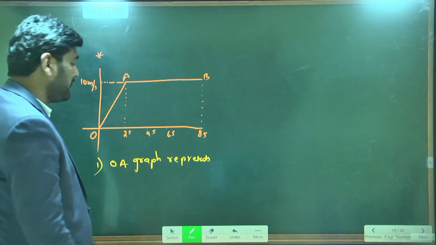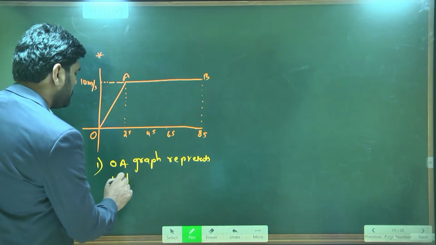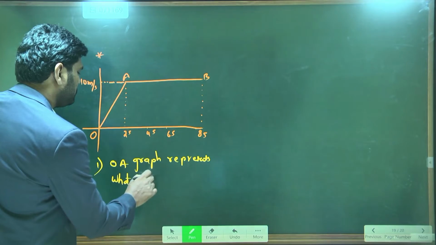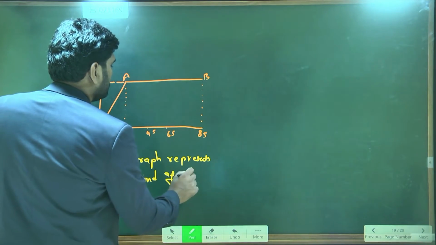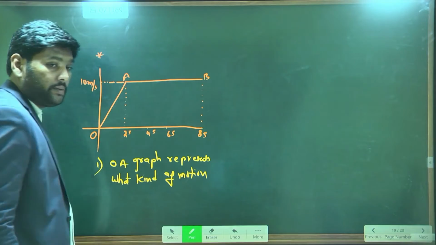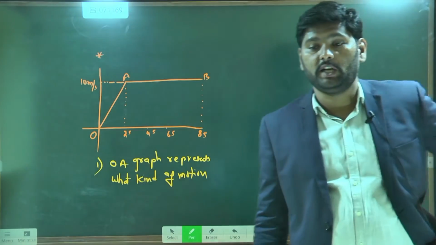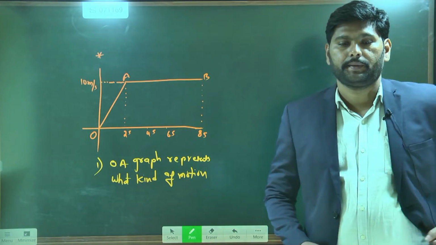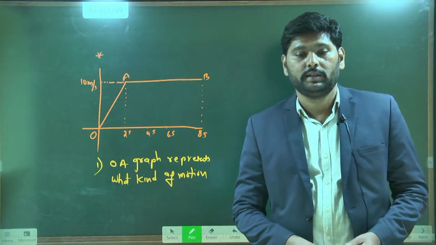This is the first question. Tell me, what does the OA line represent? What kind of motion does the OA graph represent?